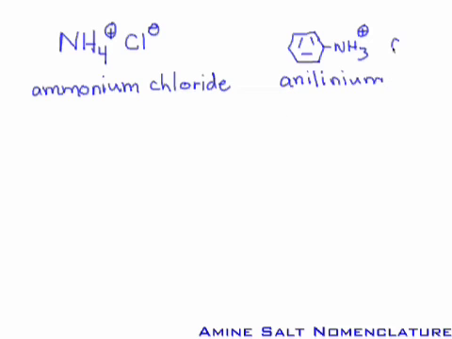So again, if I have Cl minus here, I have anilinium chloride. Two words. If an alkane amine becomes cationic, it is named as an aminium ion. However, if the cation is the result of a quaternary nitrogen with 4 alkyl groups, it's often referred to as an alkyl ammonium.